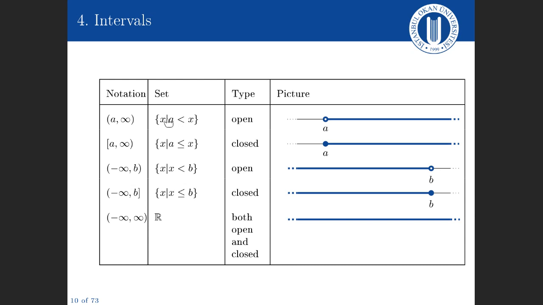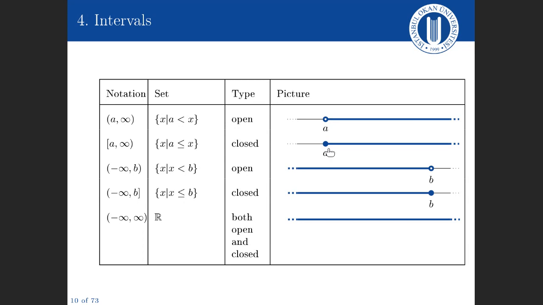Some examples. For example, round bracket a comma infinity round bracket. That's the set of all numbers x such that x is strictly greater than a. Because a is not in the set, this is an open interval. Or square bracket a comma infinity round bracket.